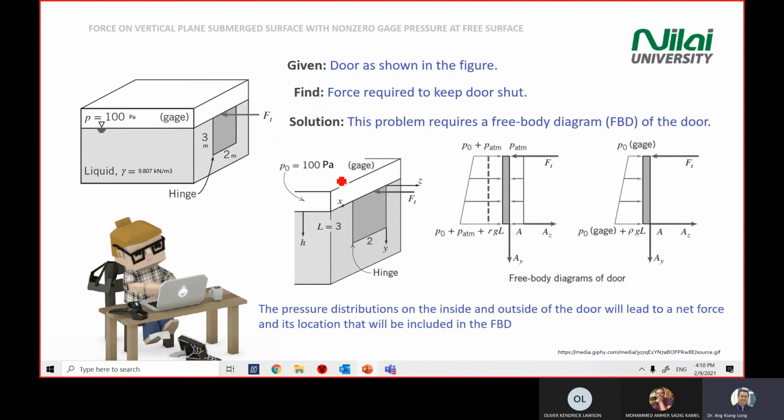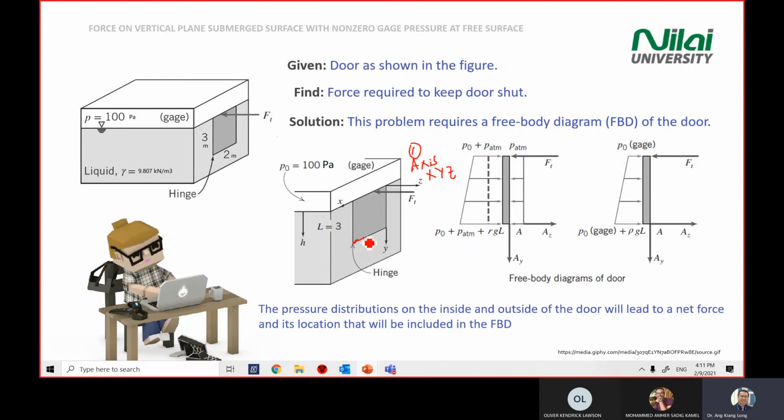We start with the axes. We develop your X, Y, and Z axes, so later you know how to find the forces in the X direction, Y direction, and Z direction. And we have the position of our hinge here.